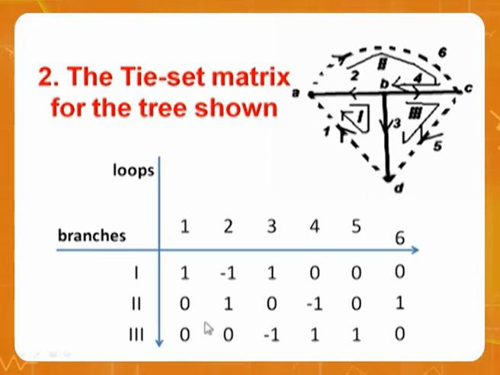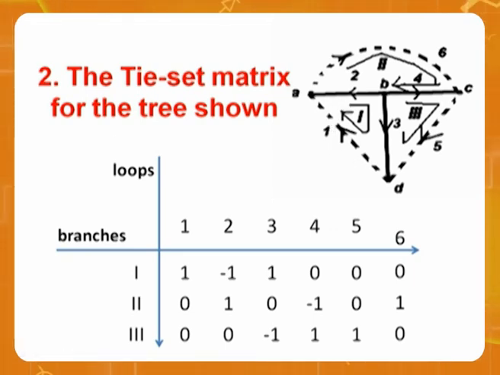Please observe now how I am going to enter into the matrix. Suppose you talk about the first loop. What are the elements linked in this loop? 1, 2, 3. So you will have entries only for these three elements. All other elements will have 0 because they are nowhere connected.